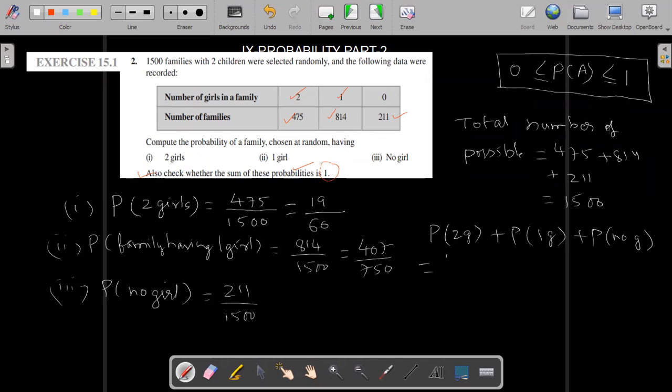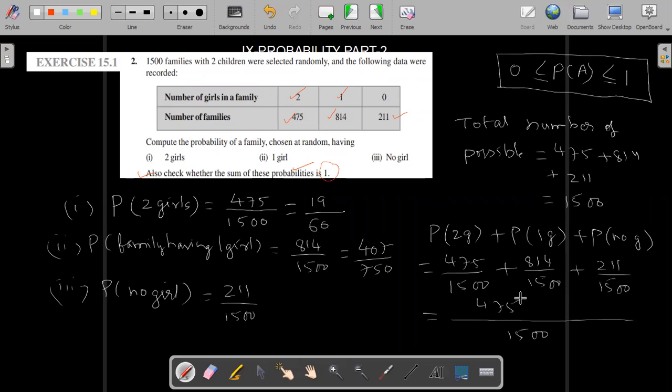You have to write it without converting into the simplest form: 814 by 1500 plus 211 divided by 1500, and then take the LCM. 1500 and 475 plus 814 plus 211, so the total will be 1500 divided by 1500, which is equal to 1.